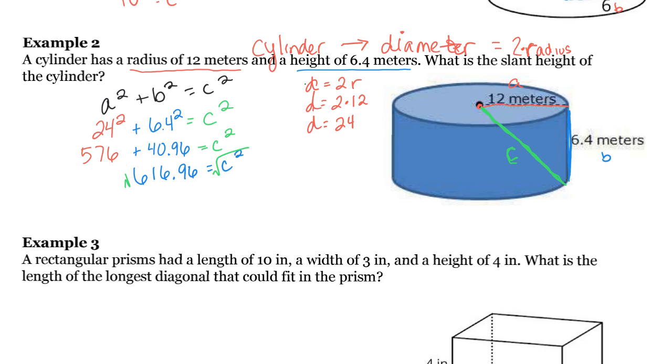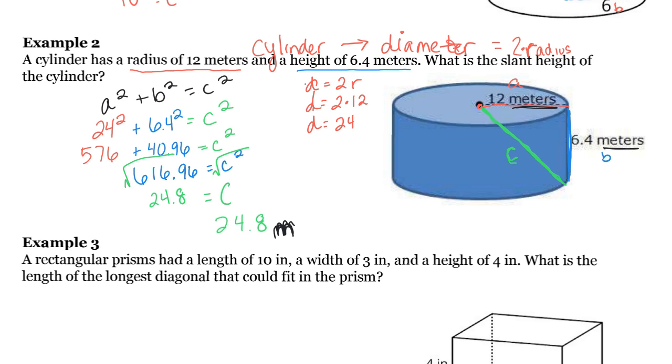Take the square root of each side. Our slant height is equal to 24.8. And it's 24.8 what? What's our units? Meters. It's meters. Okay? And we know that because of here, meters.